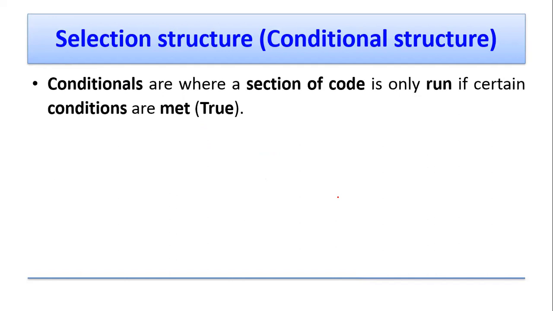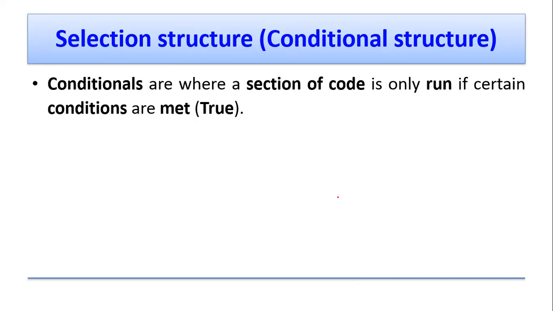And then the selection structure, or conditional structures. Conditionals are where a section of code, a collection of code, is only executed if certain conditions are true.